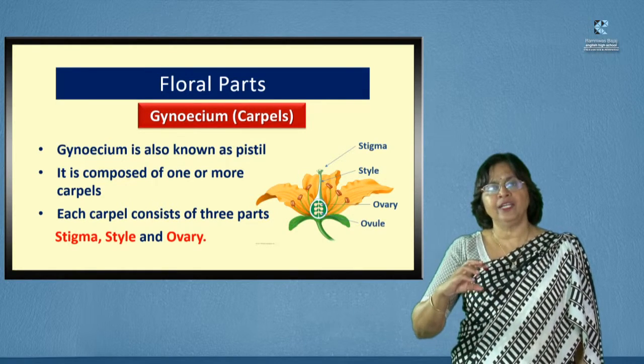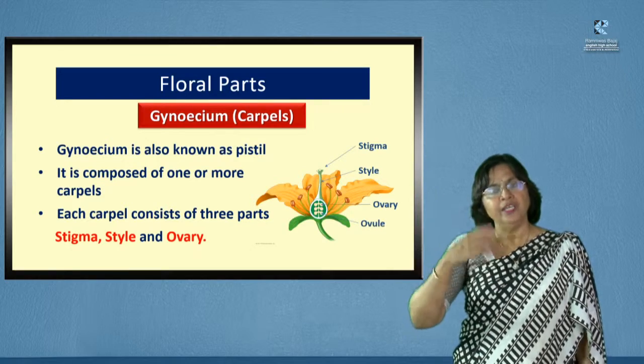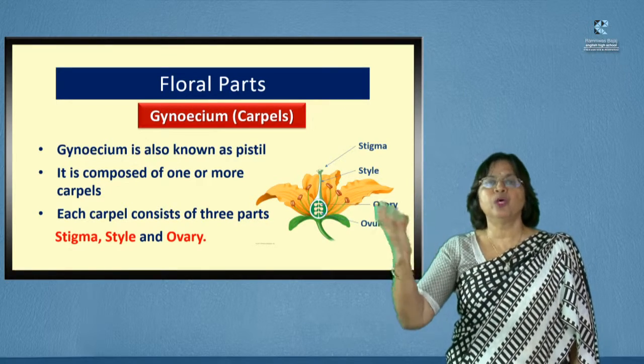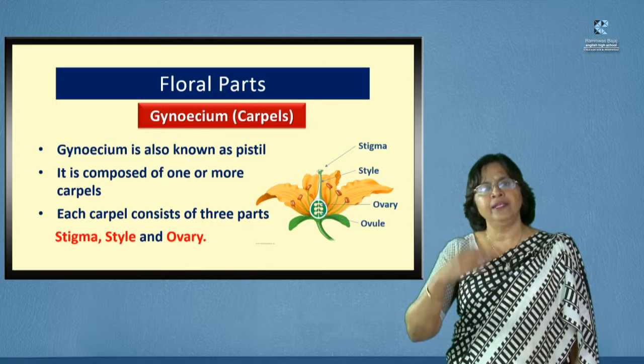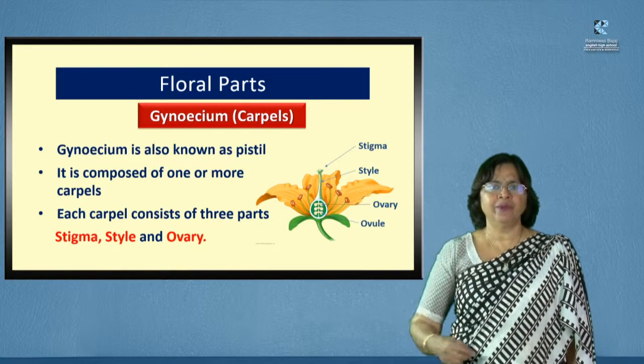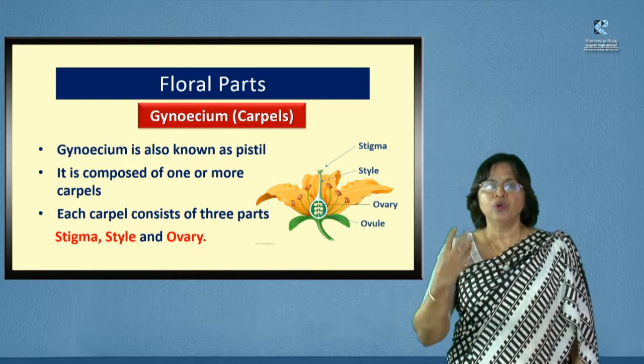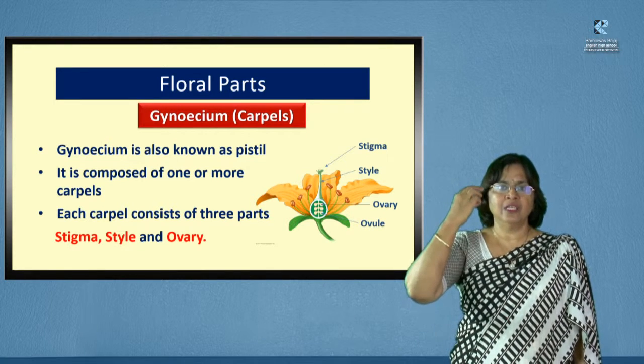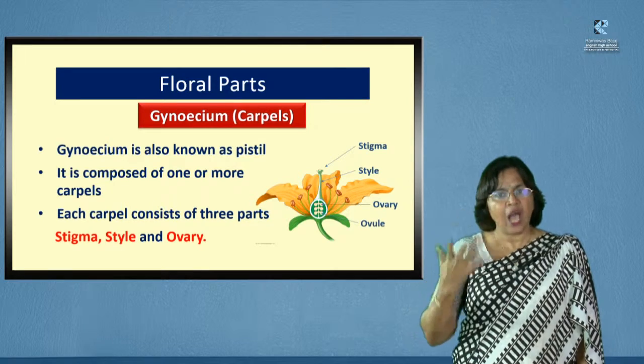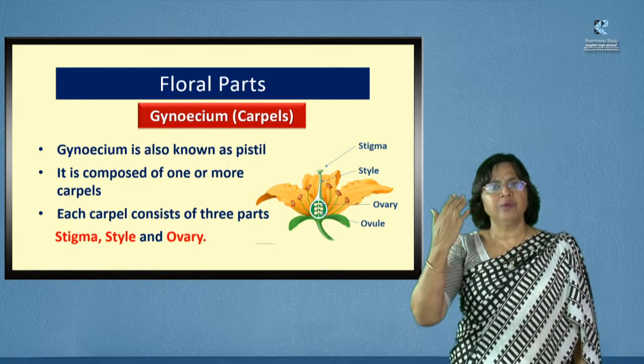The whole idea of the stigma being out is to be exposed to the pollen grain that may be carried, if it is wind pollinated, then by the wind, or if insect pollinated, then by the insect or water. So it's important that the stigma is out. So stigma, style and ovary.